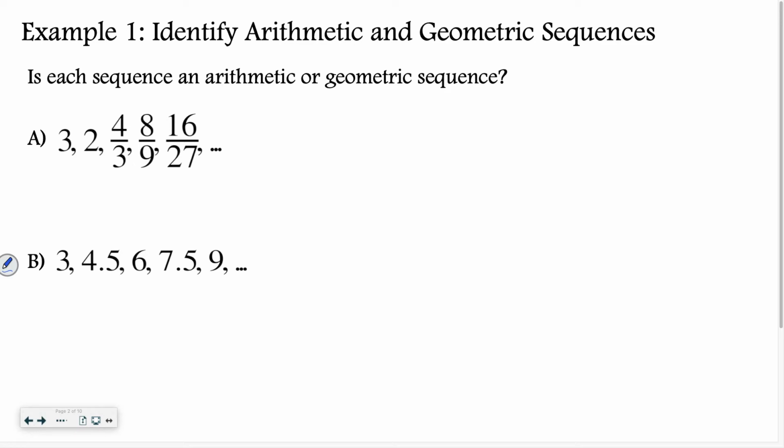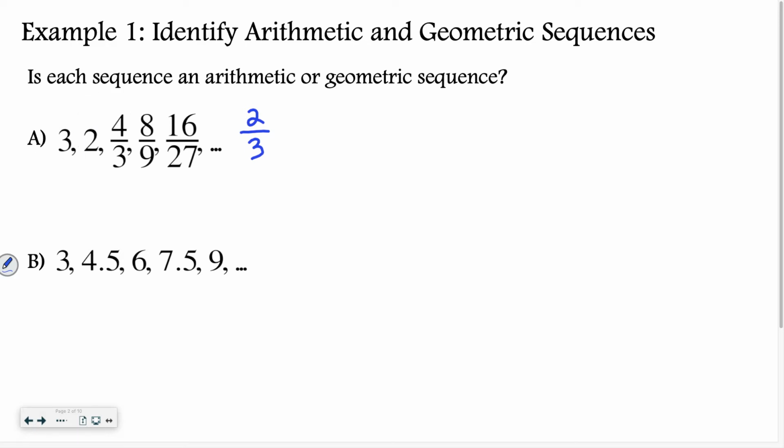But let's check geometric. So what you do is you take the second term in the sequence, so 2, and then you divide it by the number right in front of it, 3. So I would get 2 thirds.